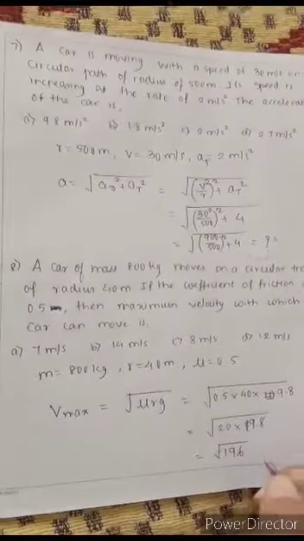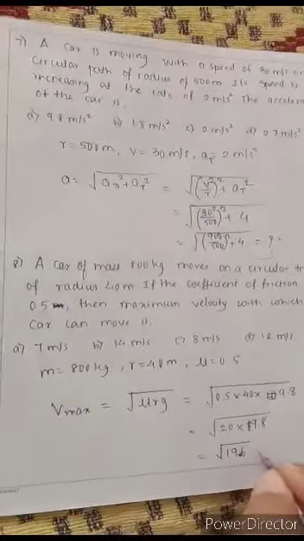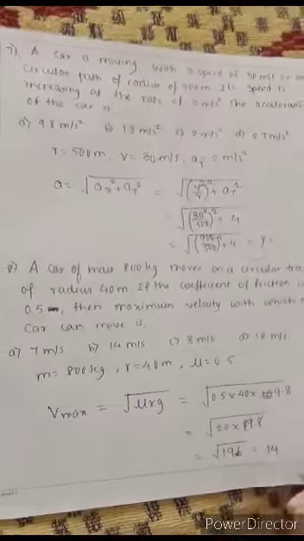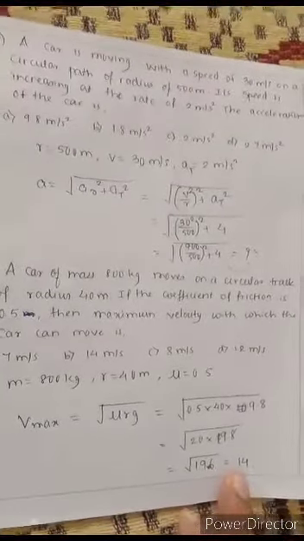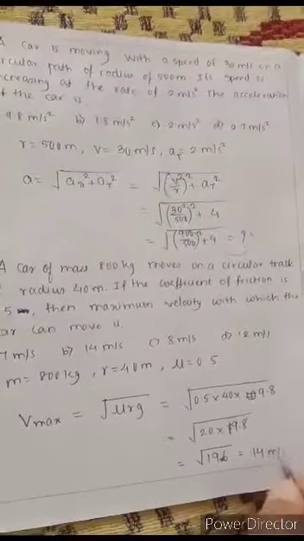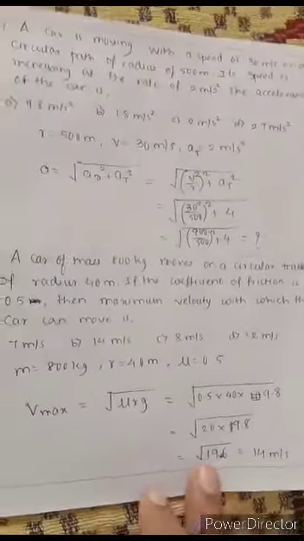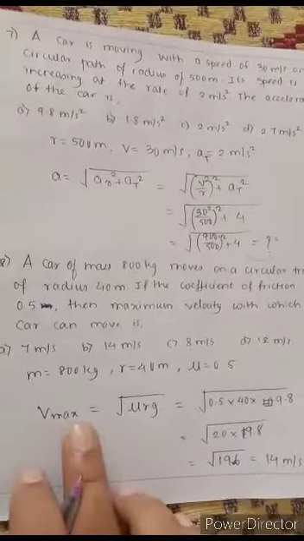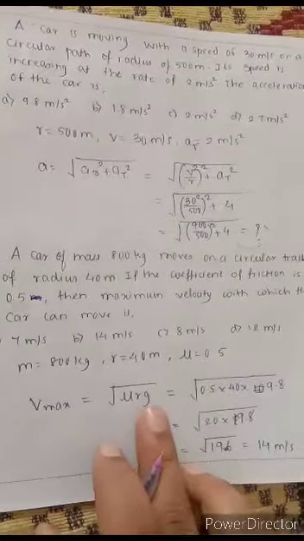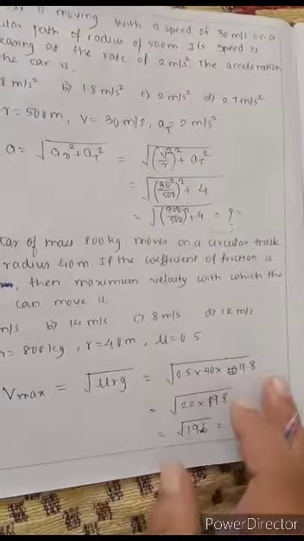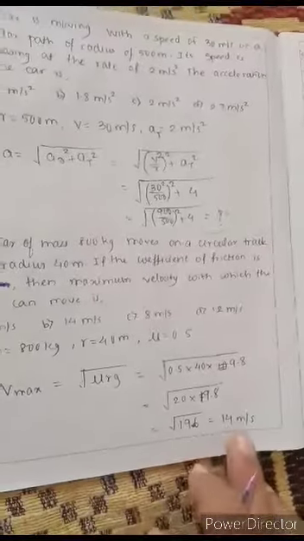So this is 14, of course, right? This should be 14. So what is 14? Meter per second velocity. See, I have just used the formula for v max, which is under root mu r g. I have just substituted the values and I have calculated the answer.